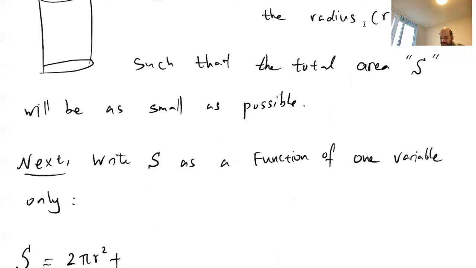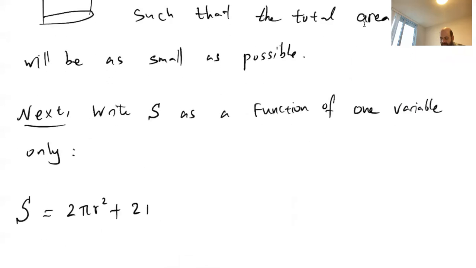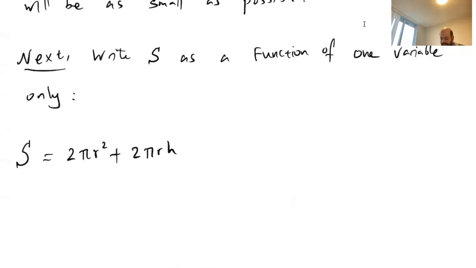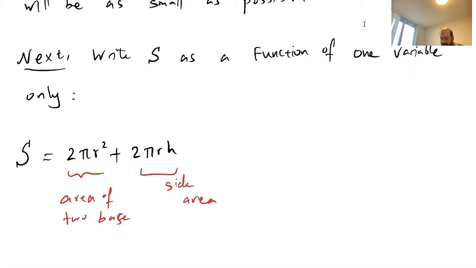The side area is 2 pi r h, according to the formula from geometry. So this is the area of the two bases, and this one is the side area. So we have S as a function of r and h.